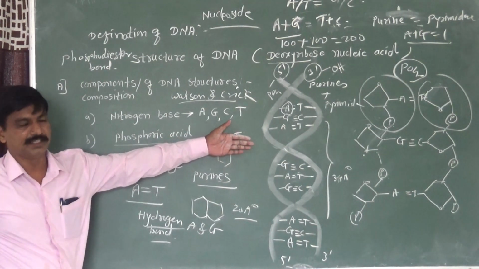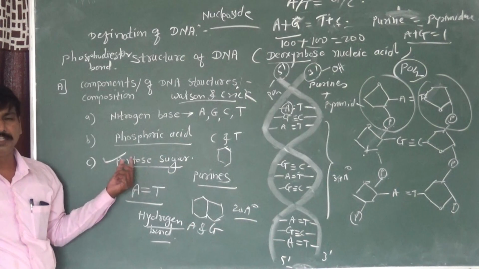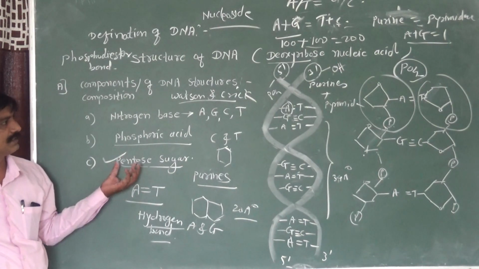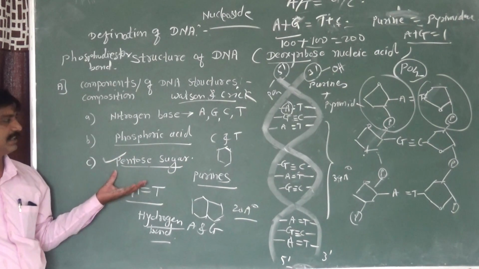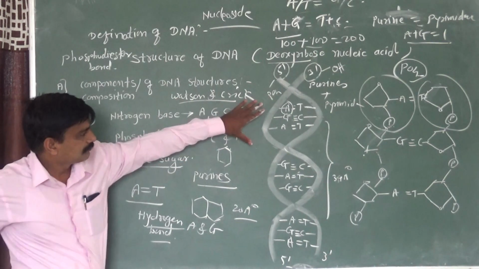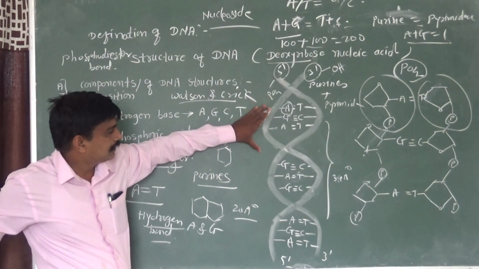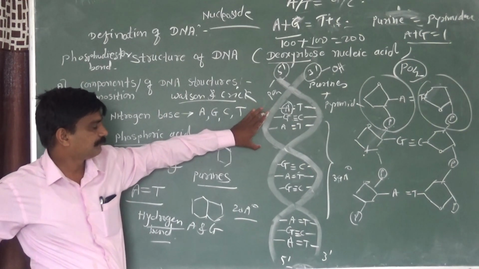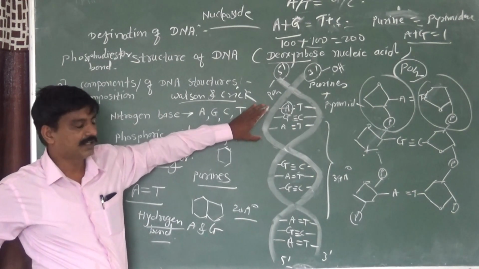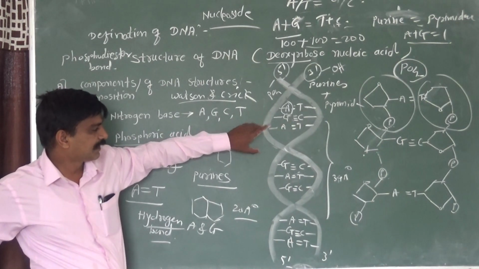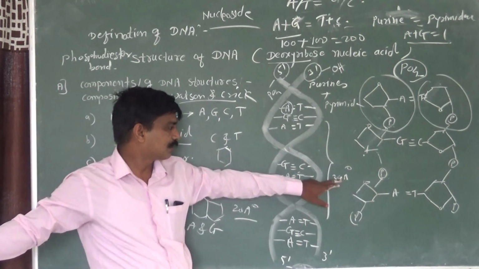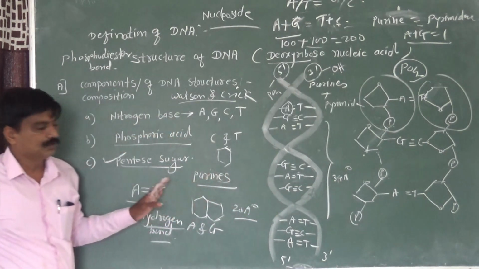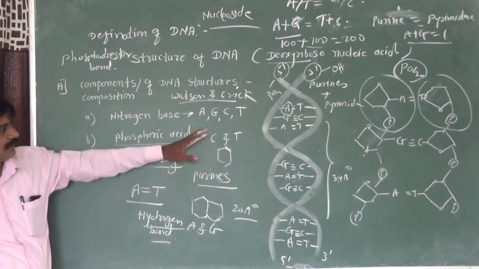This sugar is seen in all DNA structures, and it helps the genetic material to be transferred. Here, each turn of nitrogen bases has minor and major grooves, and measures 34 angstrom in the DNA structure.